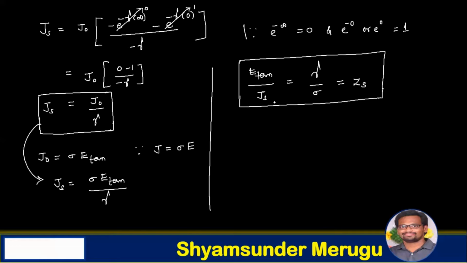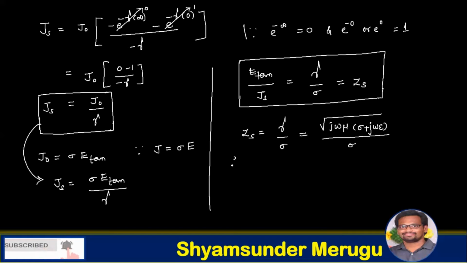And also we can modify this expression as Zs equals gamma over sigma, and writing gamma as square root of j omega mu (sigma plus j omega epsilon) over sigma. For good conductors, we know that sigma is much greater than omega epsilon.